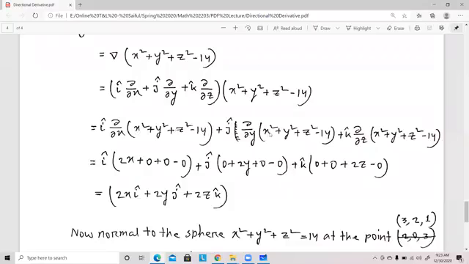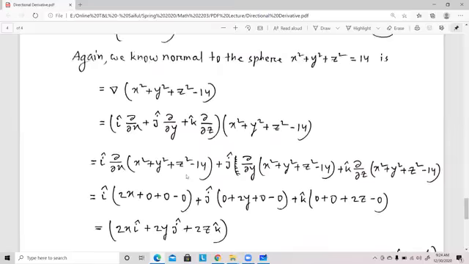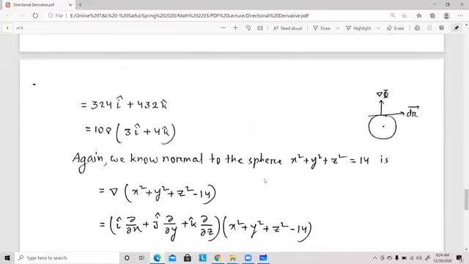From the second term, partial differentiation with respect to y, we get 0, twice y, 0, 0. And finally, partial differentiation with respect to z, we get 0, 0, twice z, 0. After simplification we get twice xi plus twice yj plus twice zk, and we found the normal to the sphere.